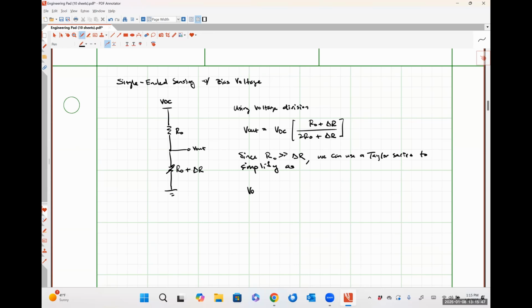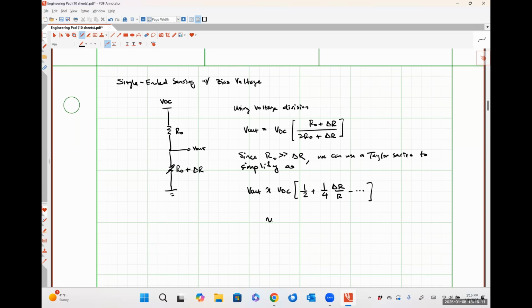So our output voltage V out will be approximately our DC voltage times a factor of 1/2 plus 1/4 delta R over R minus, and so on and so forth, where we're only going to worry about those first couple of terms in our Taylor series.